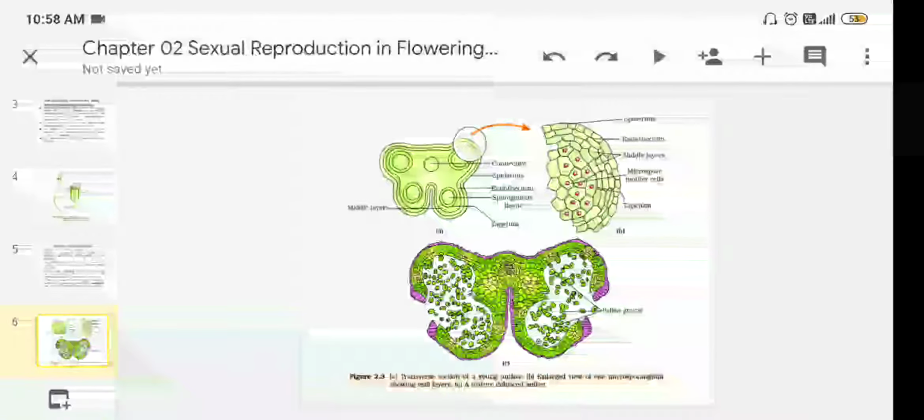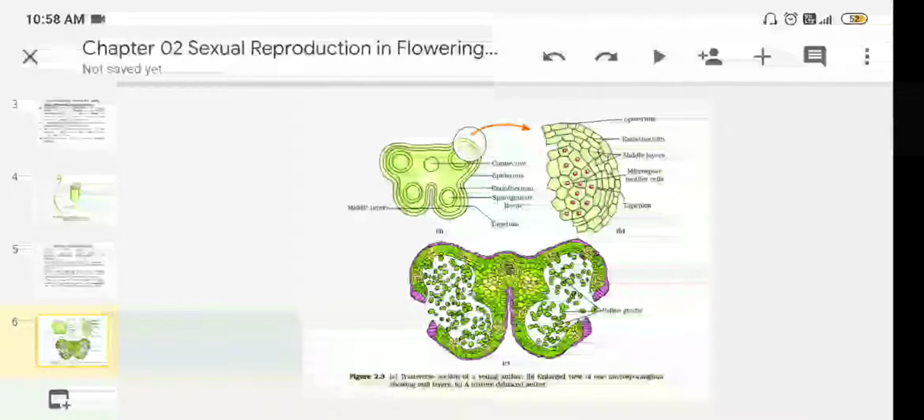Now you can locate in the next slide the outline of the cross section of the anther lobe shown in A, then B shows the different wall layers and the sporogenous mass or sporogenous tissue, and the third shows the mature anther lobe, showing the dehiscence, and pollens ready to be released from the anther lobe.